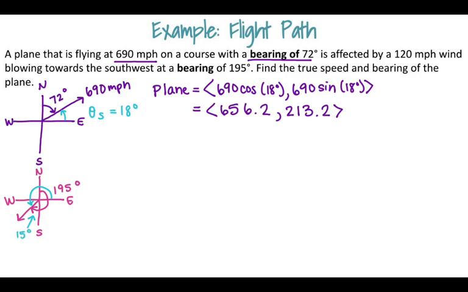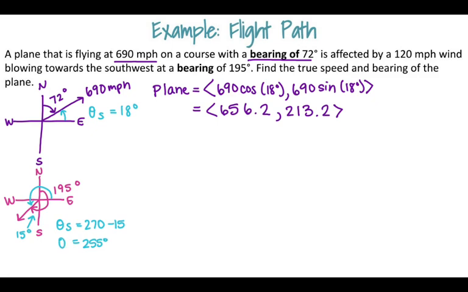Now, to get my angle in standard position, I am not going a full 270 degrees. If I went a full 270 degrees, that would take me from my positive x-axis to my negative y-axis. But I'm not quite hitting the 270. I am stopping 15 degrees before that. So my angle in standard position is going to be 270 minus 15, which is 255 degrees.